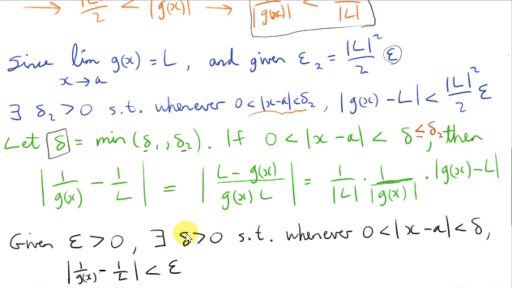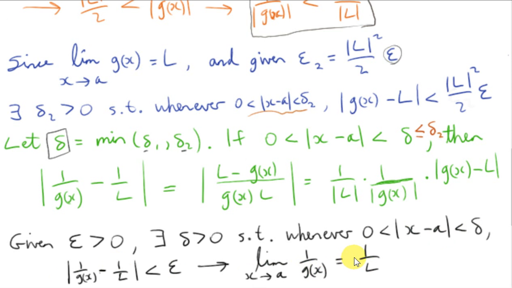There exists a positive number delta, which actually was the minimum of 2 other deltas, but such a delta exists such that whenever x is within delta of a but x is not equal to a, then the magnitude of 1 over g of x minus 1 over L is less than epsilon. So that proves that the limit as x tends towards a of 1 over g of x equals 1 over L.